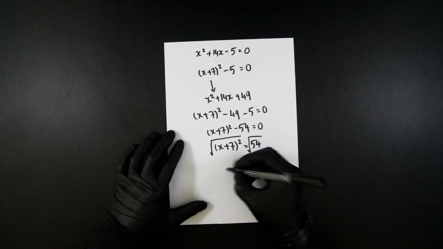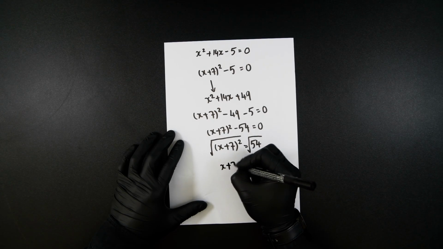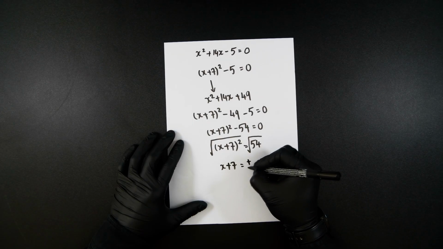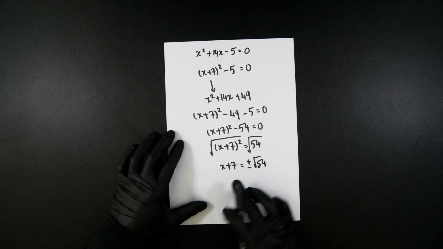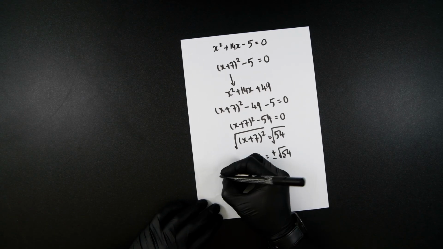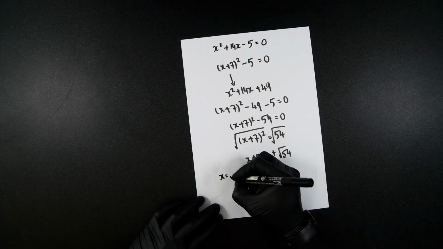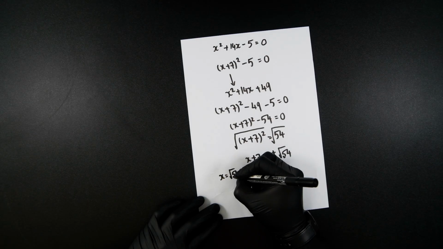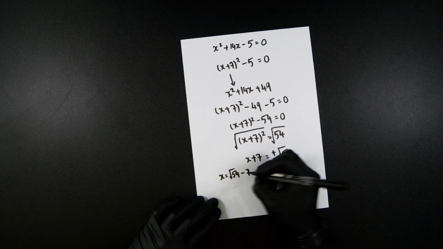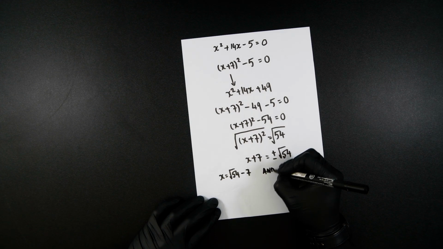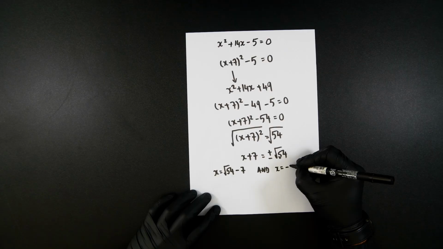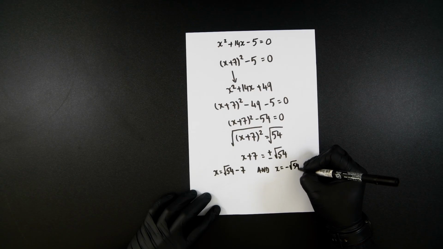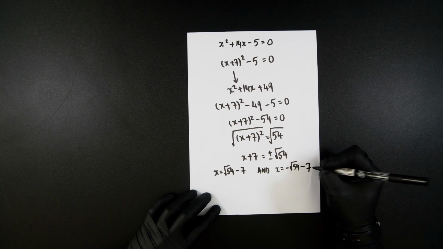Eliminating this squared symbol here, we'll have x plus 7 equals plus or minus root 54. If we now subtract 7 from both sides, you will get x equals root 54 minus 7 and x equals minus root 54 minus 7.